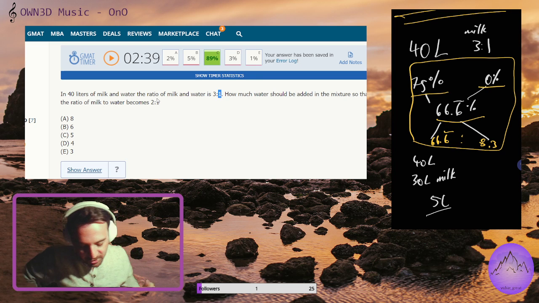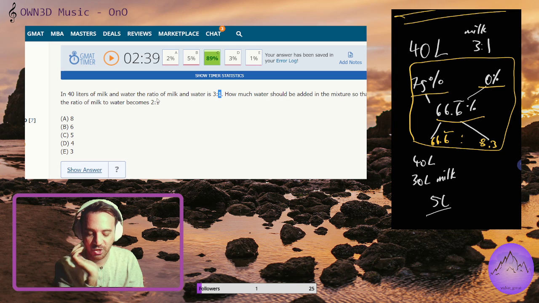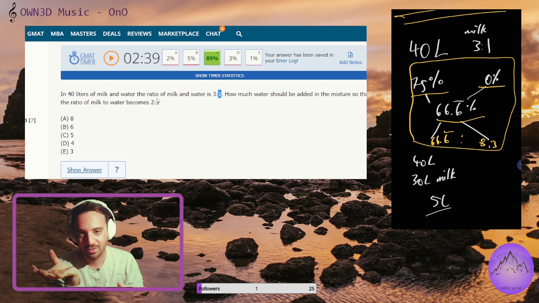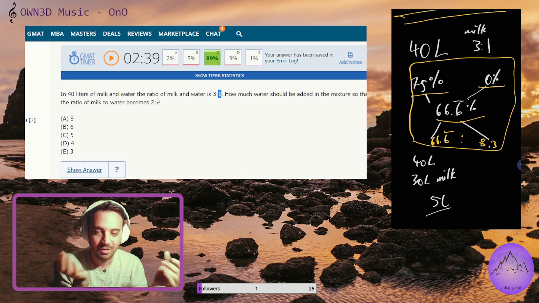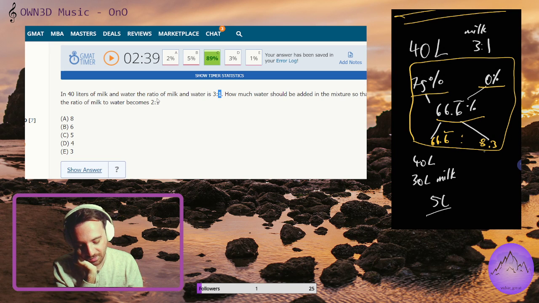Yeah, so this ratio, 66.6 to 8.3, is the ratio of how much of the original there is compared to how much of the added one there is. So if there's 75 parts in total, then 8.3 parts will be just water.